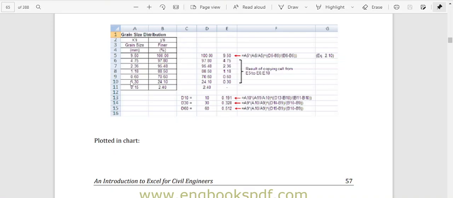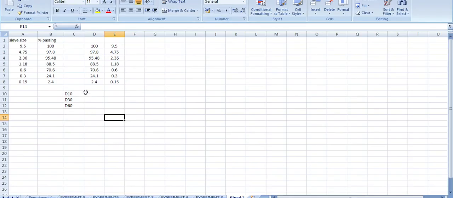So what to do, we have to apply this on our Excel to see how it goes. So let's go to Excel. So here you have your values of D10, you have D30, you have your 16. Sorry, these are percentage passing.